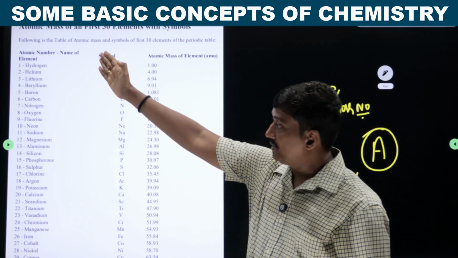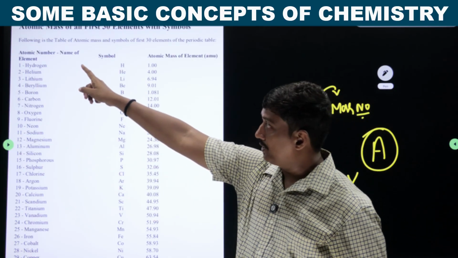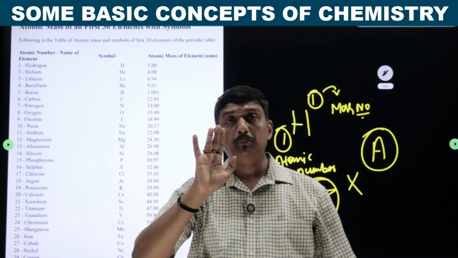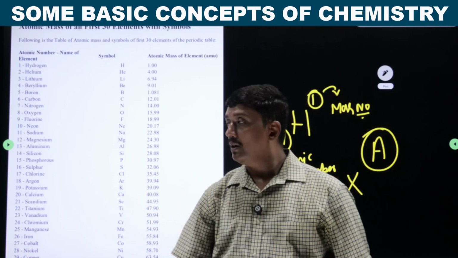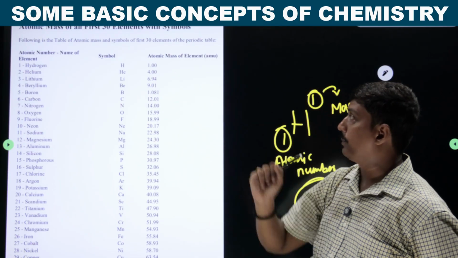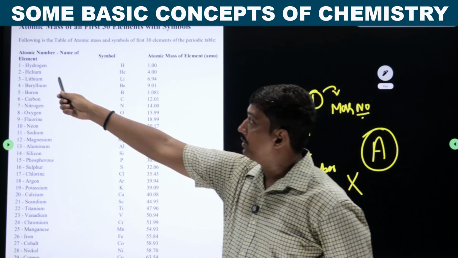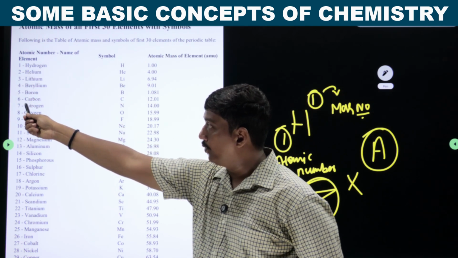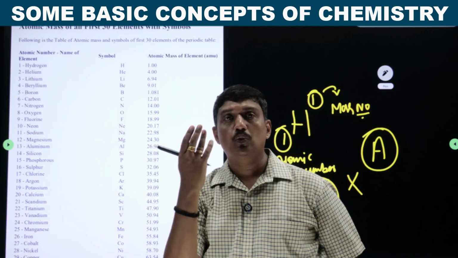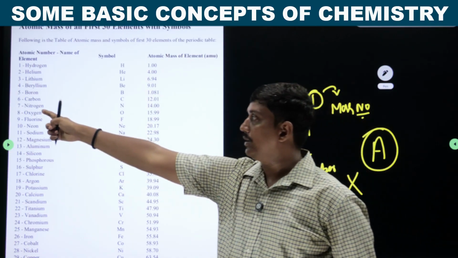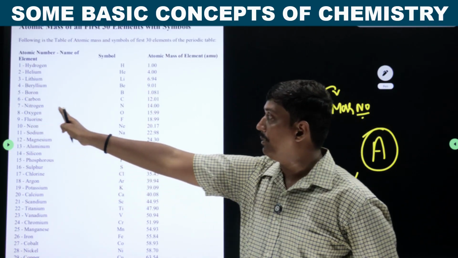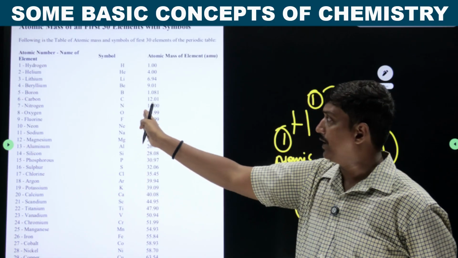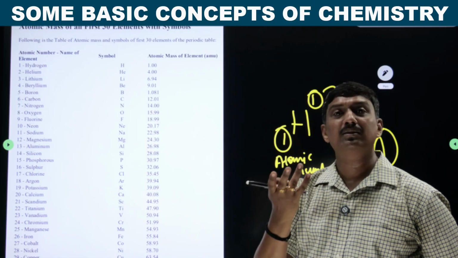So why is this displayed? At least elements 1 to 30 should be known, with their symbols and atomic masses. The atomic numbers of the elements are given as 1, 2, 3, 4, 5, 6, 7. If I ask you the atomic number of nitrogen, you should say it's 7. What is the atomic mass? Nitrogen is 14. What is the symbol?